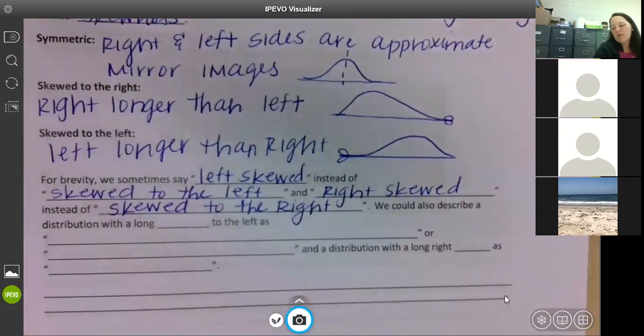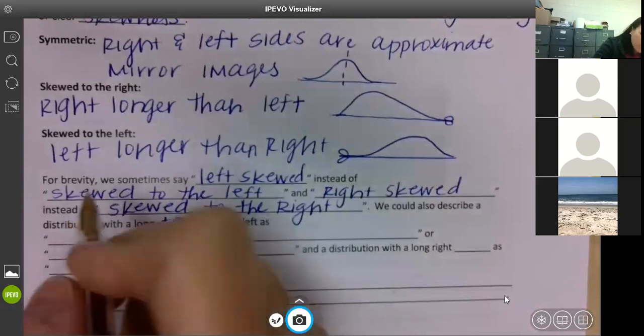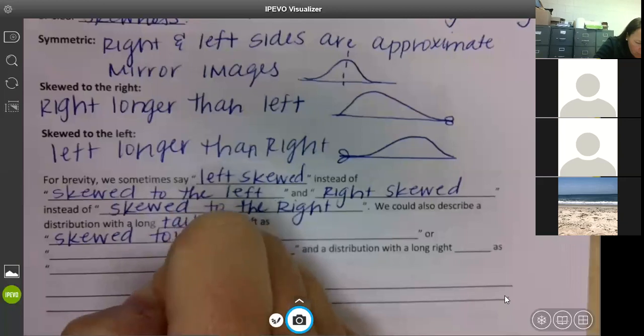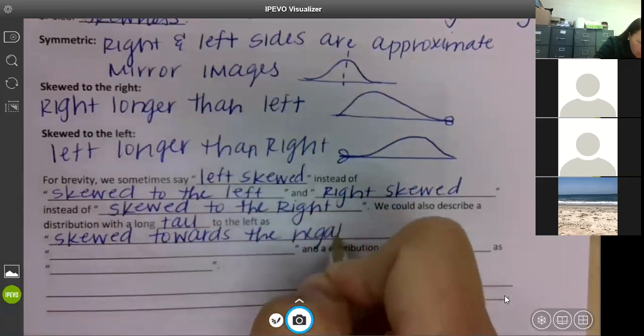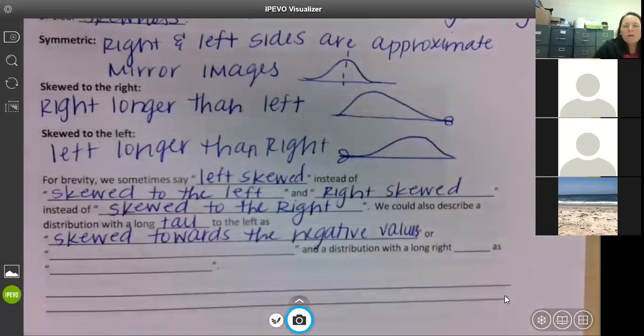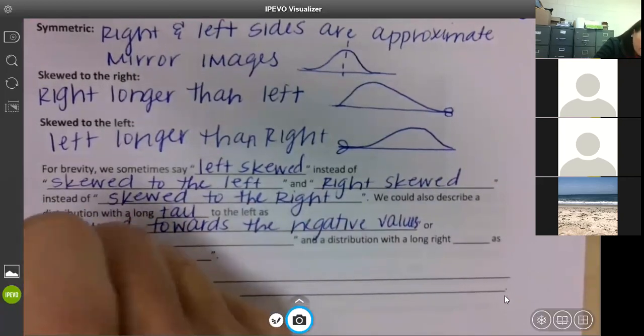Now the next part I never ever use, ever. But if you can think about it like this, then you can use it all you want to. We could also describe a long tail to the left as skewed towards the negative values, or negatively skewed.